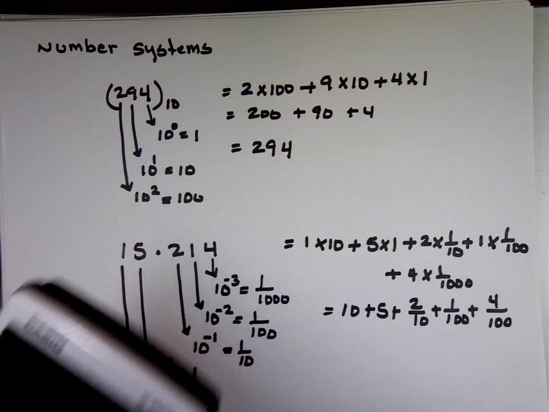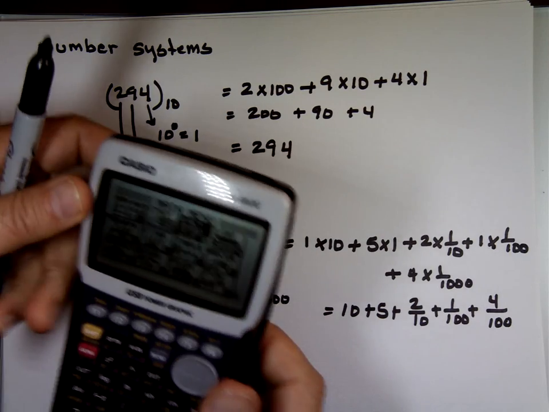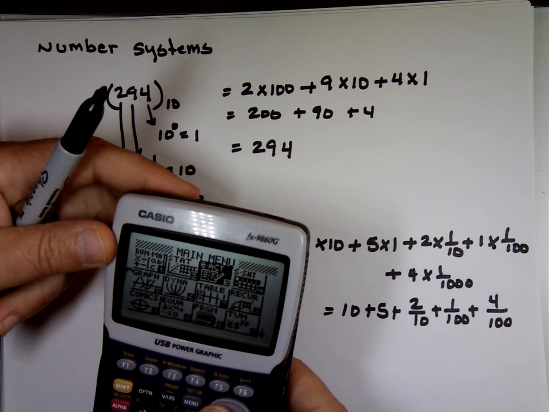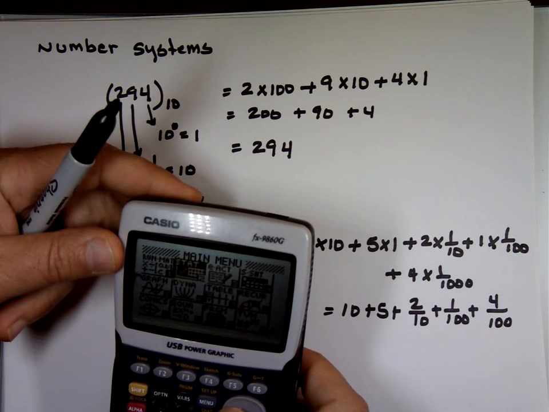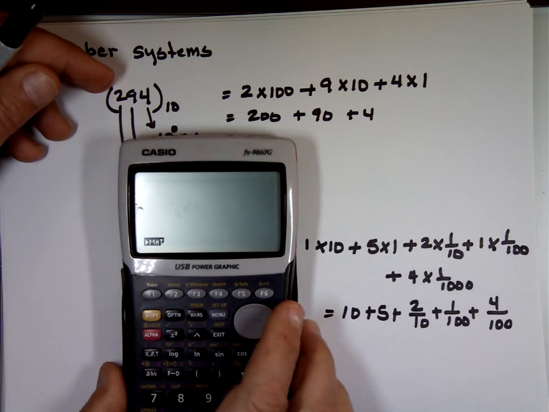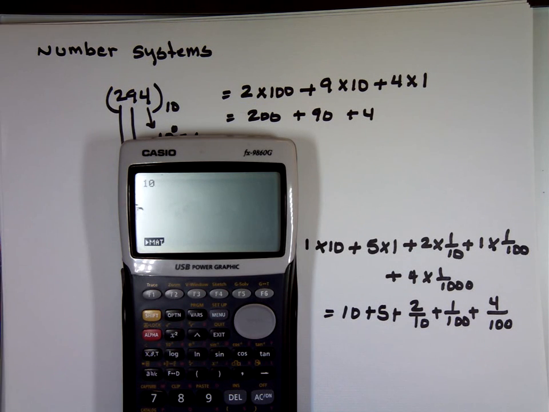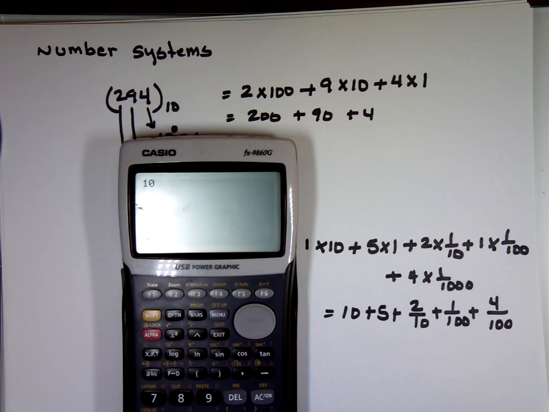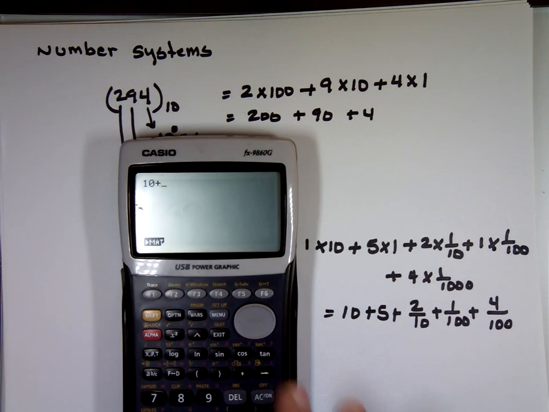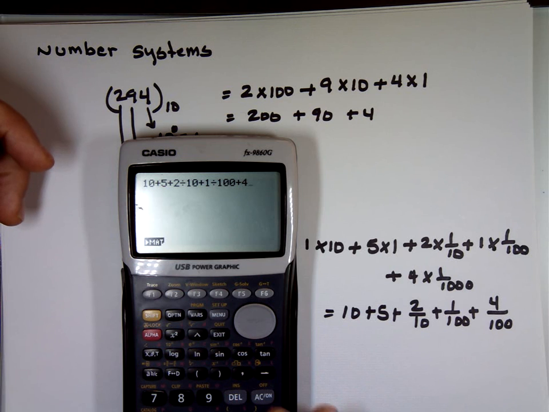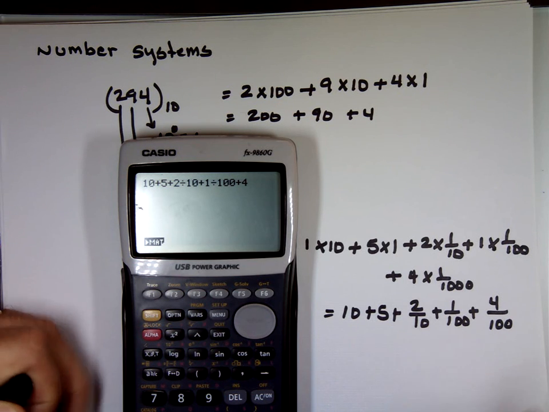This is a Casio. I'm not really good with the Casio, but what I like about it is the resolution is phenomenal. Just got to make sure I go back to the main. 10, plus 5, plus 2 divided by 10, plus 1 divided by 100, plus 4 divided by 1,000, not 100 here, the last one, right?